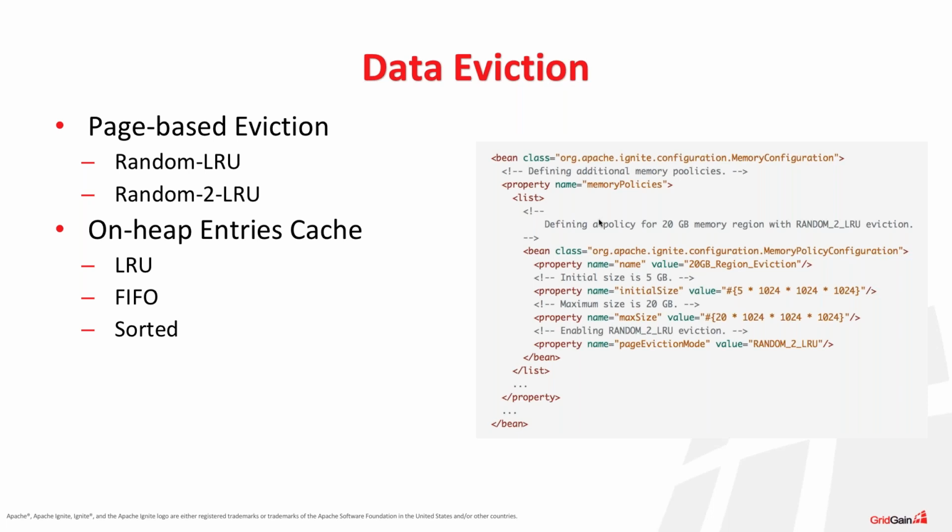And this is sometimes used for the scenarios when you do a lot of read operations on your server nodes and you don't want to bring entries from off-heap to Java heap all the time. And if you enable this on-heap caching, which is optional and turned off by default, then you need to enable LRU, FIFO, or sorted eviction policies for the entries that are stored in that on-heap caching layer.